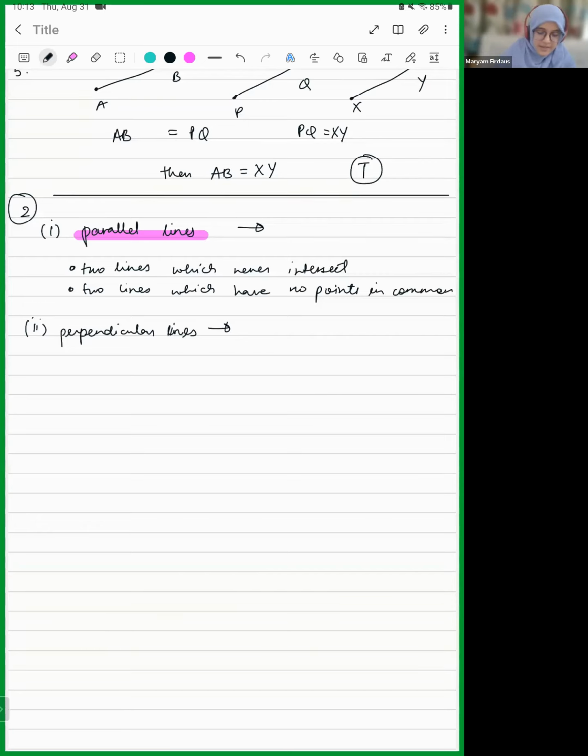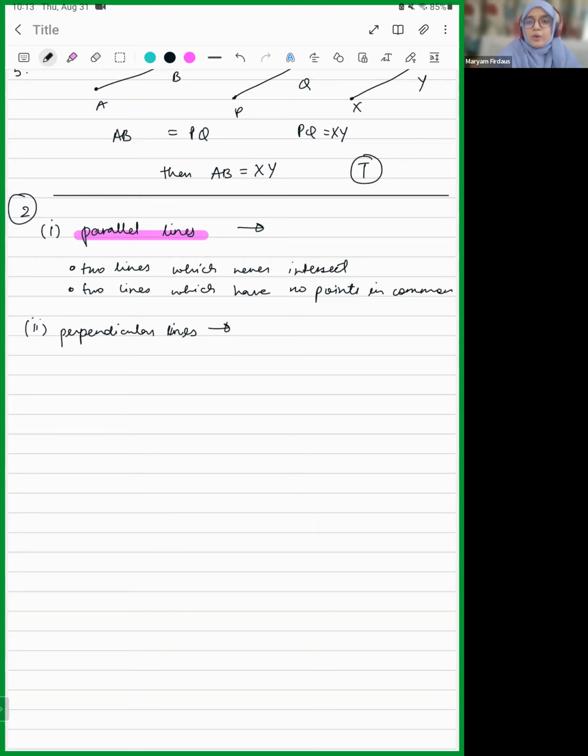We haven't defined the right angle, right? So has Euclid defined a right angle? No, he hasn't. He has just defined a point, line, straight line, surface, plane surface.